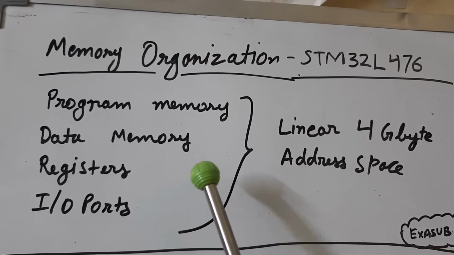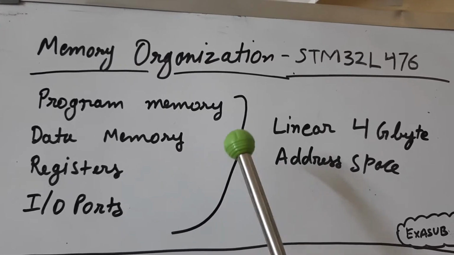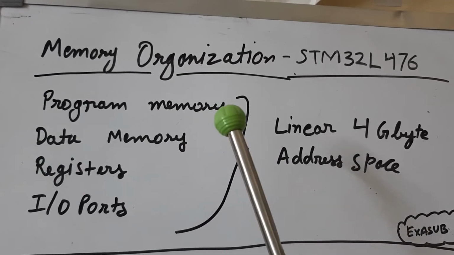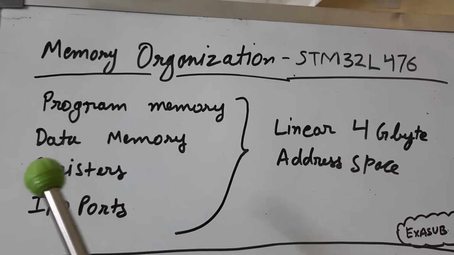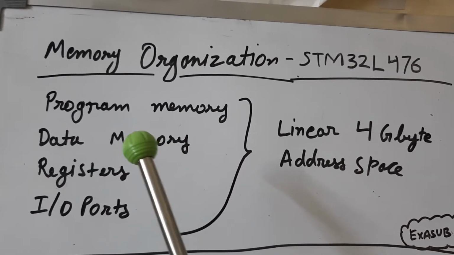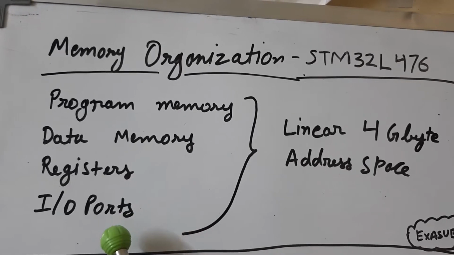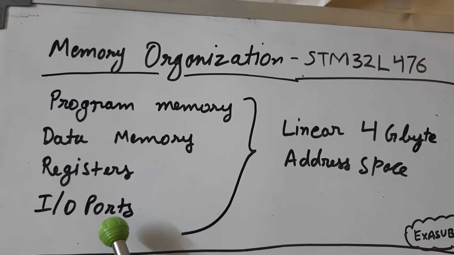So they are all memory mapped. A part of this memory is dedicated for the program section, a part for data, a part for its registers, and a part for its input output ports.